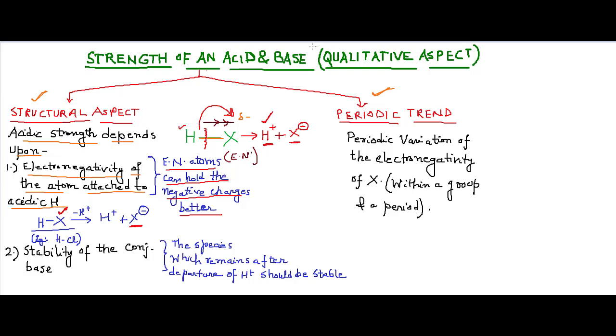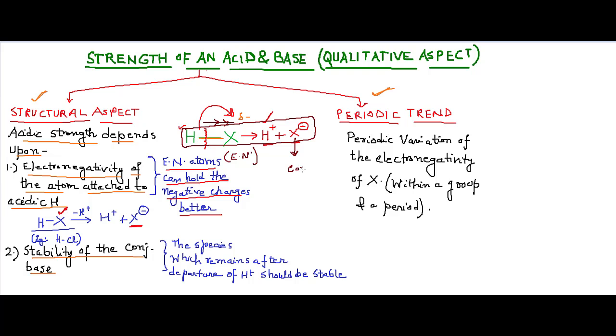Then the next point says that the strength of an acid depends upon the stability of the conjugate base. So what is a conjugate base? Like here we have seen this reaction of HX, so let's get back to this same reaction again. The conjugate base is the one which remains after giving up of protons.